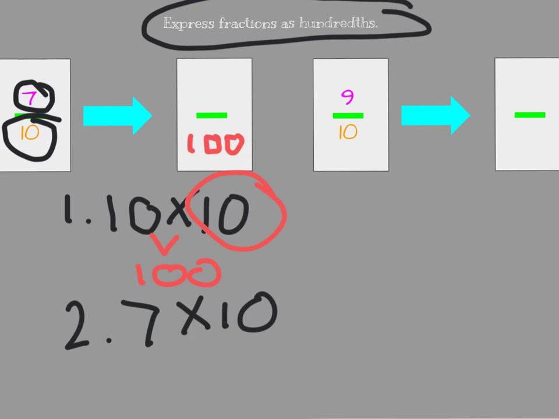So 7 times 10 is 70. So we can put that in the space where our numerator belongs, and we can express 7/10 as the equivalent fraction 70/100. Okay, so let's try this second problem right here.